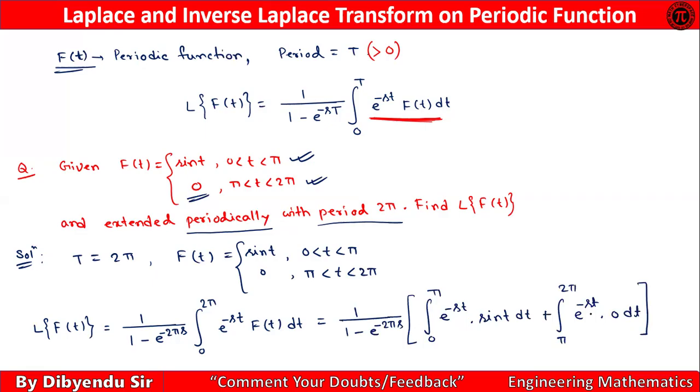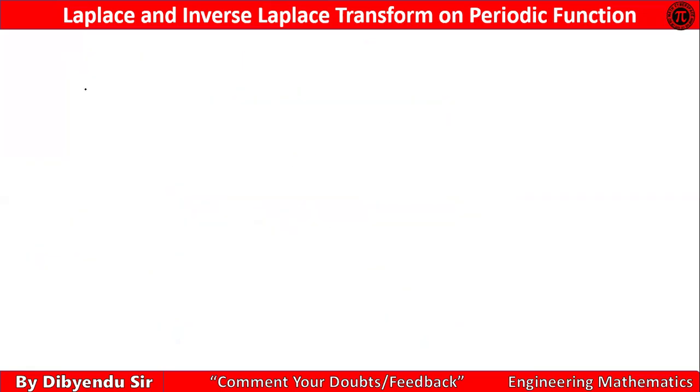Now simplify this. So this is equal to 1 by 1 minus e to the power minus 2 pi s, times the integration from 0 to pi of e to the power minus st sine t dt. Let's say this is equation number 1.